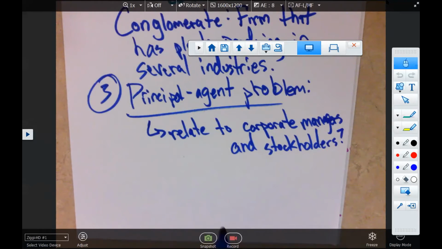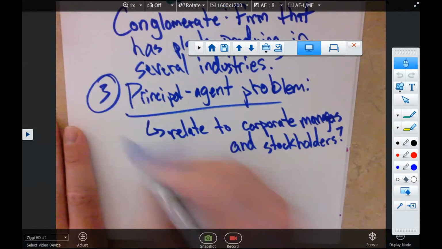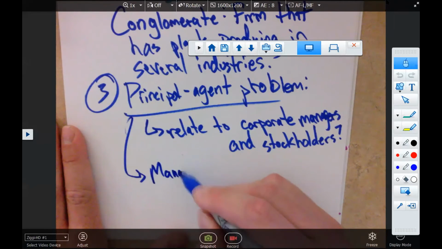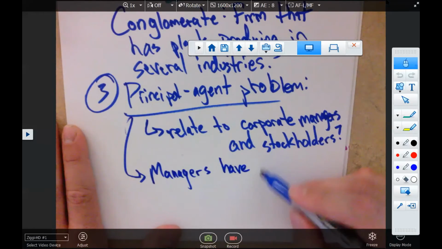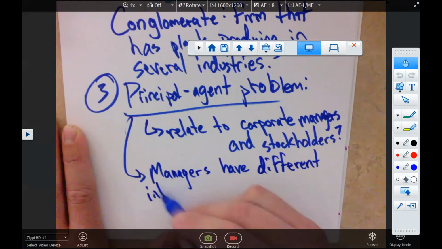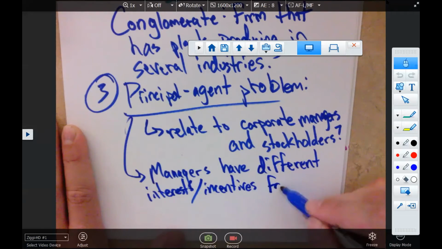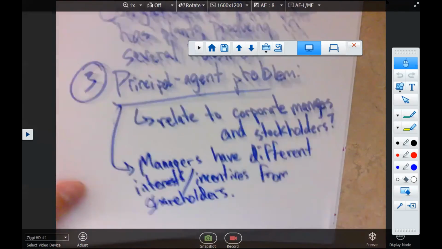That's not the intention. So the principal agent problem is the fact that the corporate managers have different interests or incentives from the shareholders. So what are these different interests?